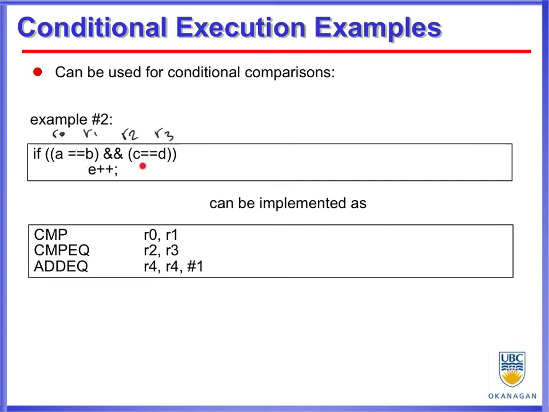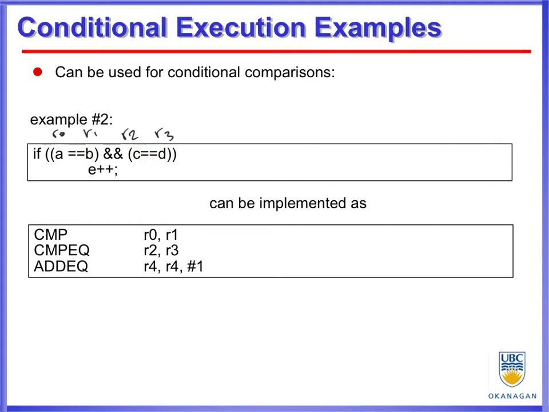And that's what we want to do. If we go back to the C code, the only reason to see if C is equal to D is if A in fact is equal to B. Right? If you took 177 with me, I might have told you about something called shortcutting. In an AND statement like this, the compiler doesn't even bother to look at this. If this is false, there's no reason to look at this, right?